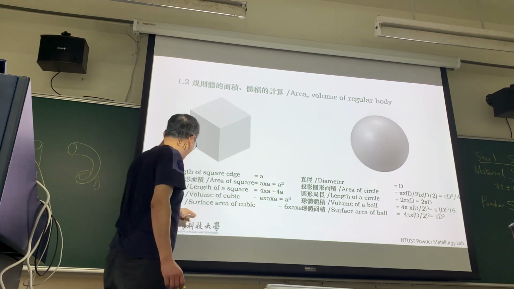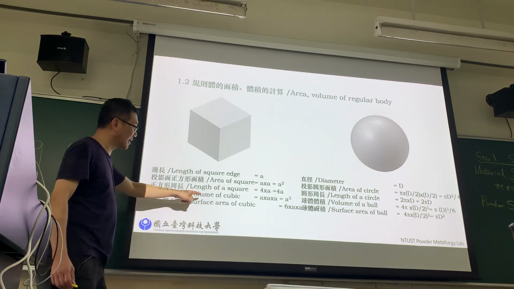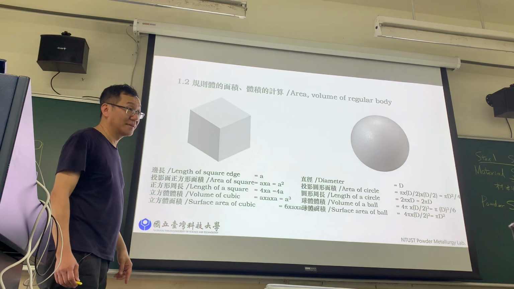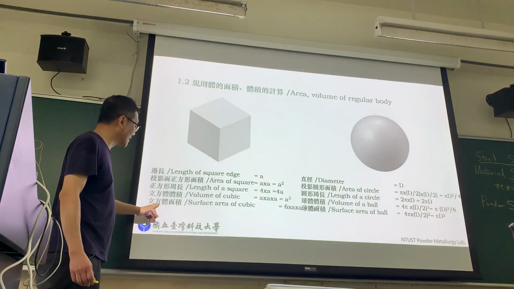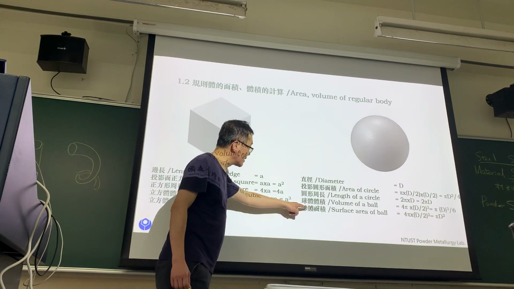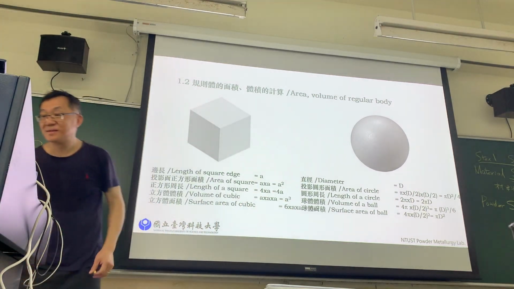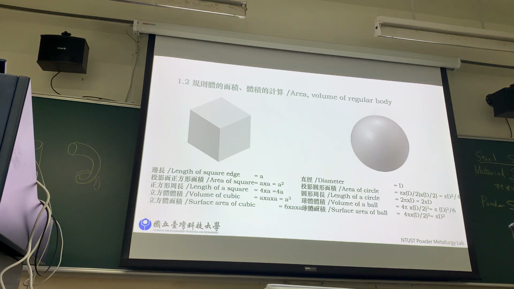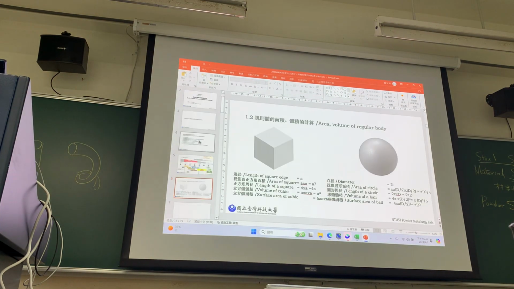Easier, and the cubic is A cubed. The volume is A³. Right. So here I made a mistake.